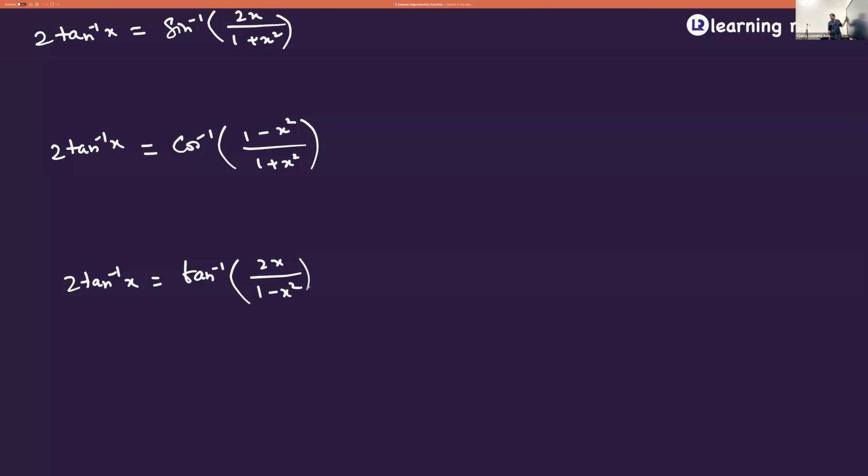What is it? First one, denominator is plus, here it is minus. Okay. So if you observe, everything comes from the basic definition of sine or cos or tan of double the angle. For example, if I have sine 2 theta, what is it?